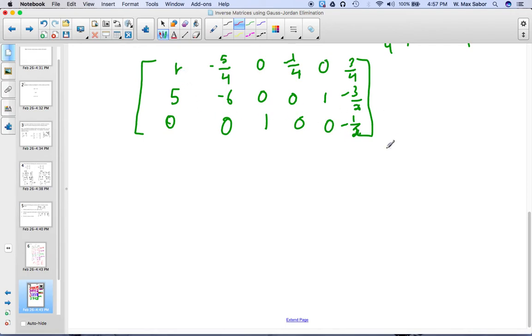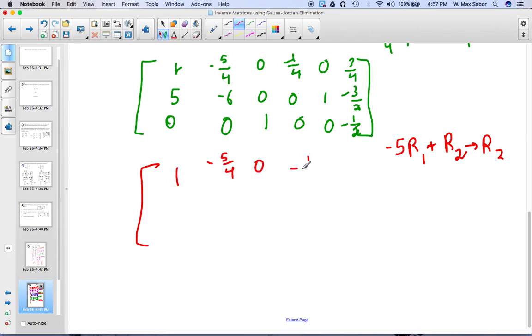Take negative 5 times the first row. So this is me trying to get this to be a 0. I'm going to take negative 5 times the first row and add it to the second row. So that becomes 0.